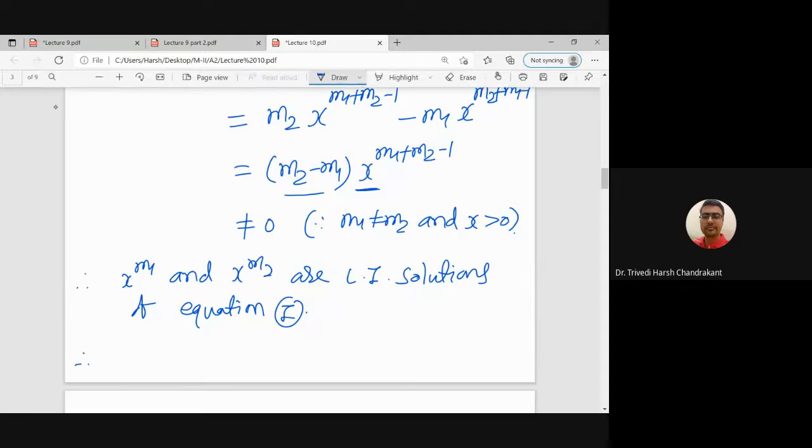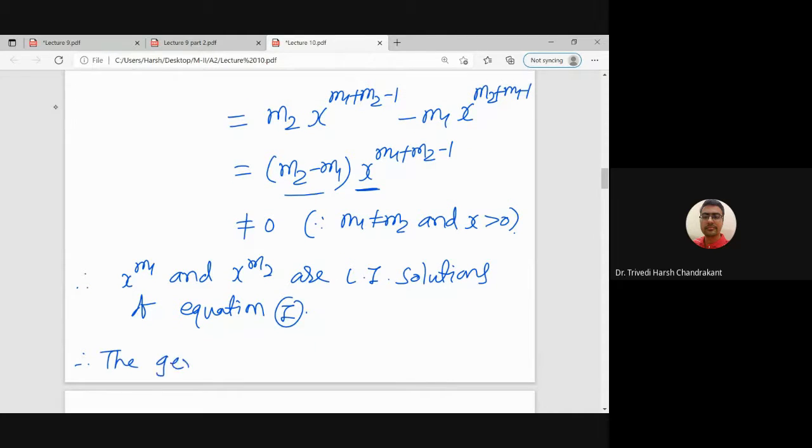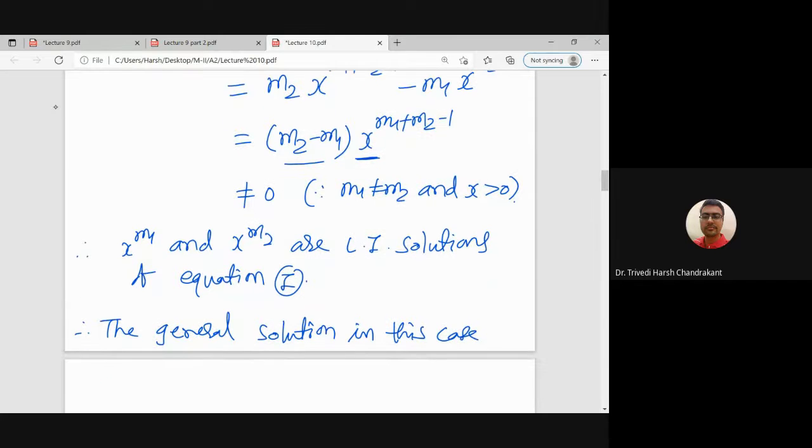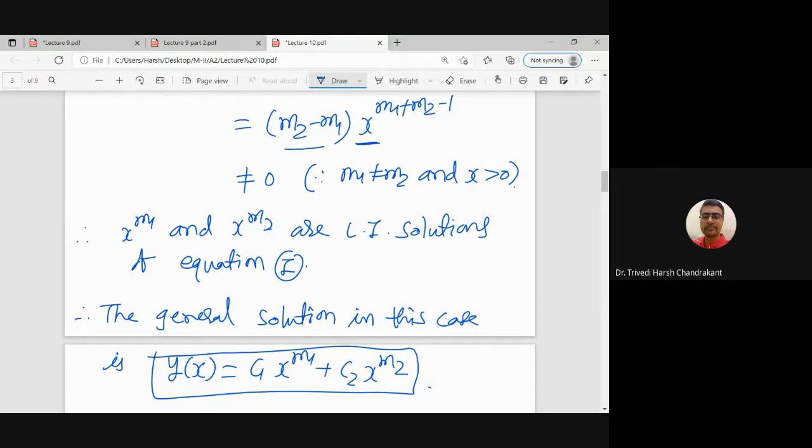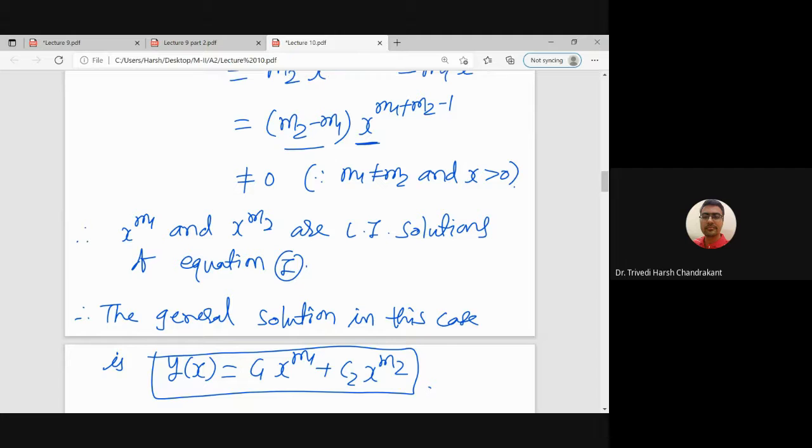Therefore the general solution in this case is y(x) equals c1 x power m1 plus c2 x power m2, that is c1 y1 plus c2 y2. So this is the case whenever we have distinct roots.